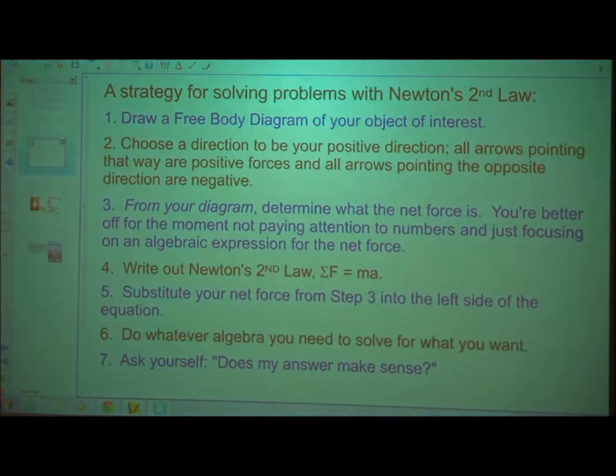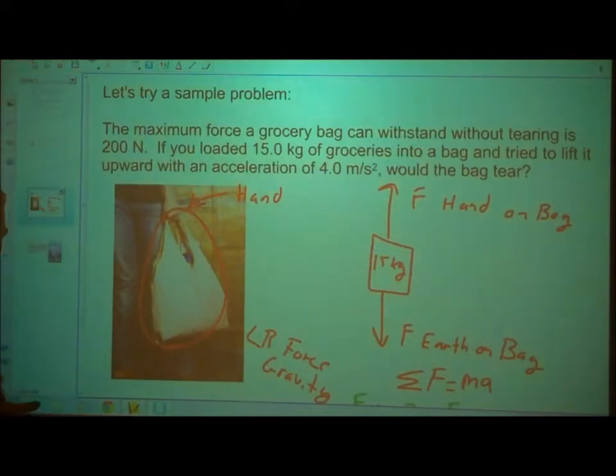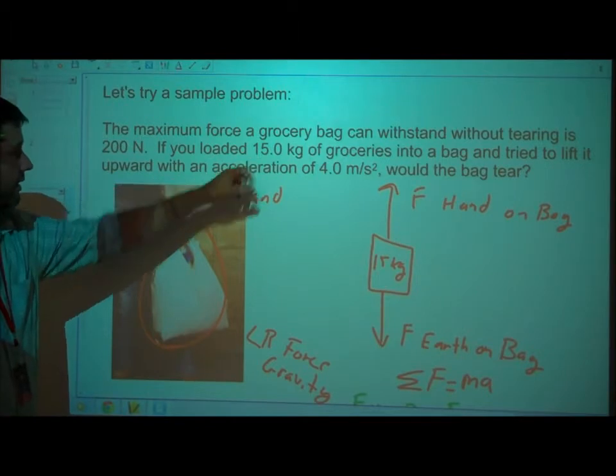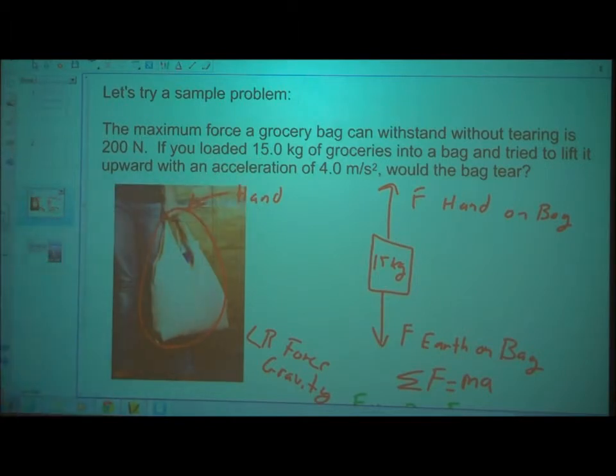Now, let's substitute here. Let's actually plug some numbers in and start doing some algebra to solve. We know, according to the problem, that our acceleration is 4 meters per second squared. Our groceries are 15 kilograms.